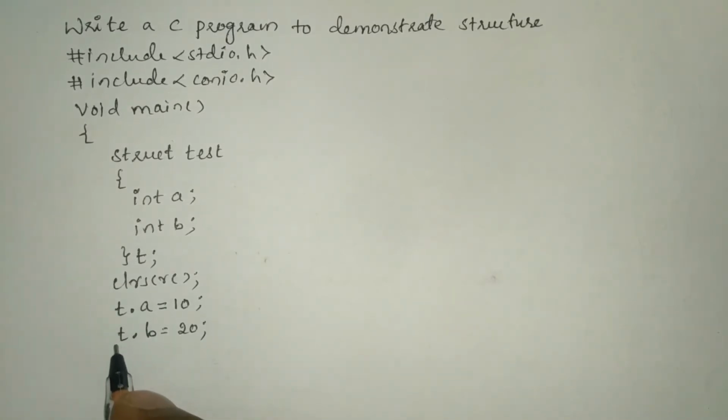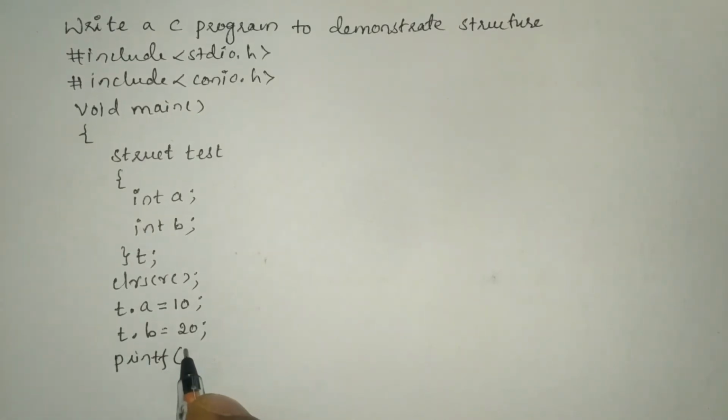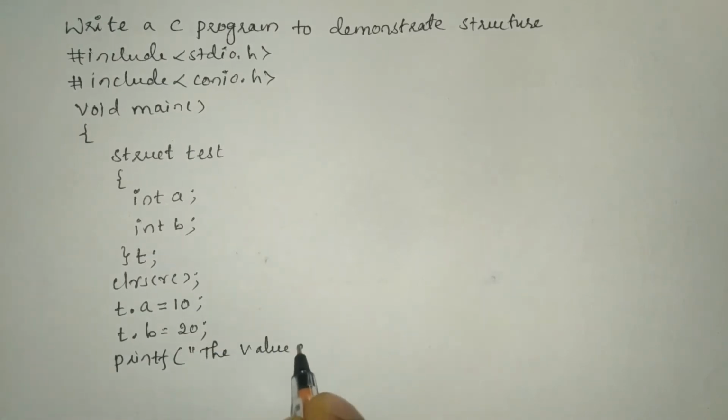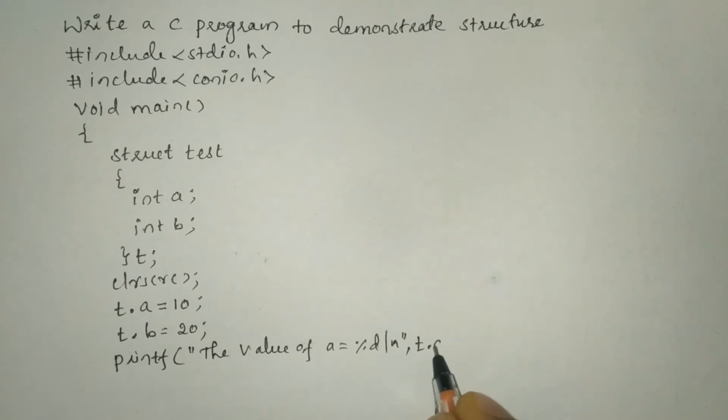Now let us print the values of both a and b using the printf statement. Here in a printf I'm going to write in double quotation marks, the value of a is equal to %d \n, end the double quotation mark, comma, here I'm going to write t dot a and put a semicolon.